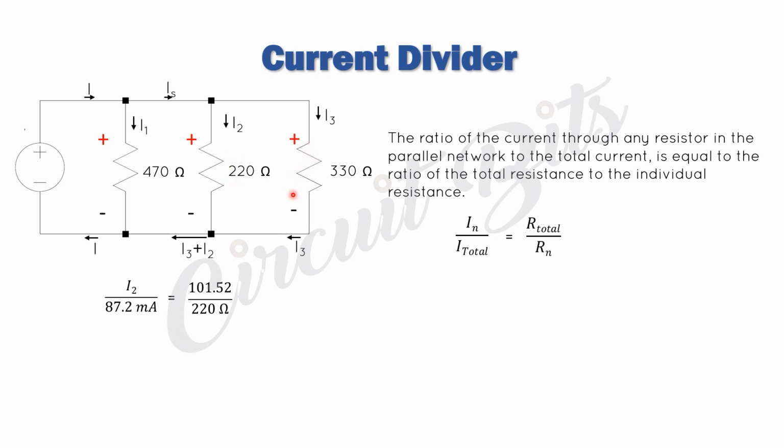Then make R effective the subject of the formula, and you will have 101.52 divided by the resistance of that particular resistor, 220 ohms. And we have our I2 as this, we simplify that to get 40.2 milliamps.